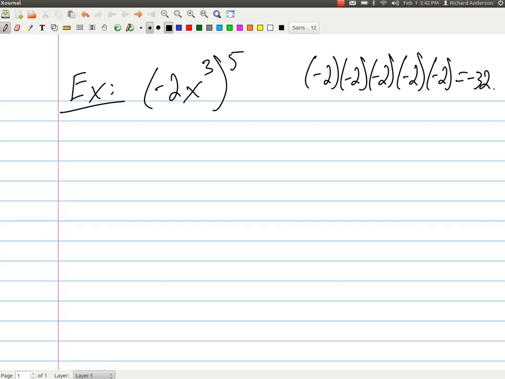All right? And one rule that I want to be sure we're aware of here is that anytime you raise a negative number to an odd exponent, you're going to get a negative number as the result. Okay? So a negative number raised to an odd exponent is going to equal a negative.